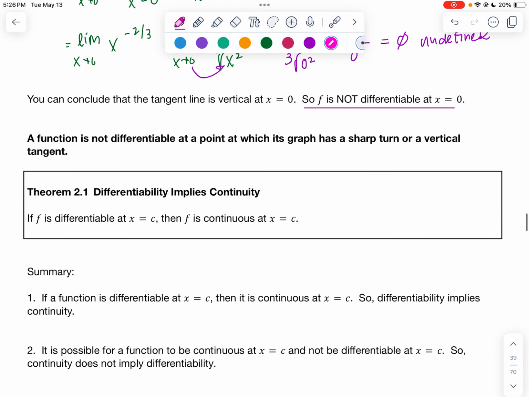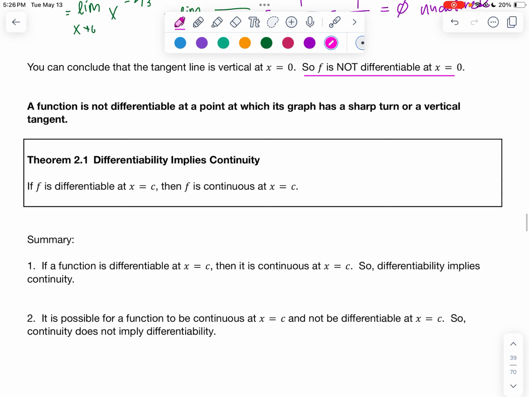Okay. Now there is a theorem, so it says if f is differentiable at x is equal to c, then f is continuous at x is equal to c. So in other words, if differentiable, then I could say yes, continuous, right?